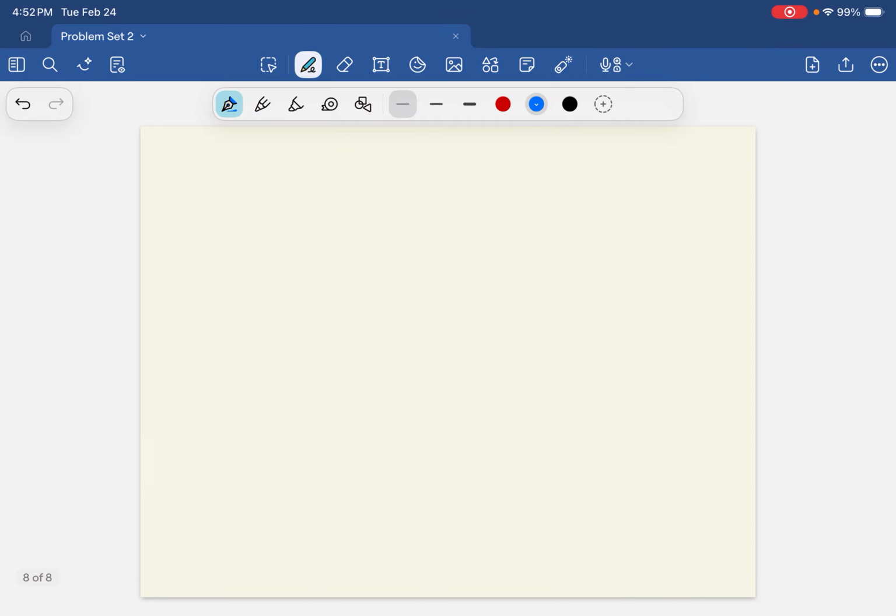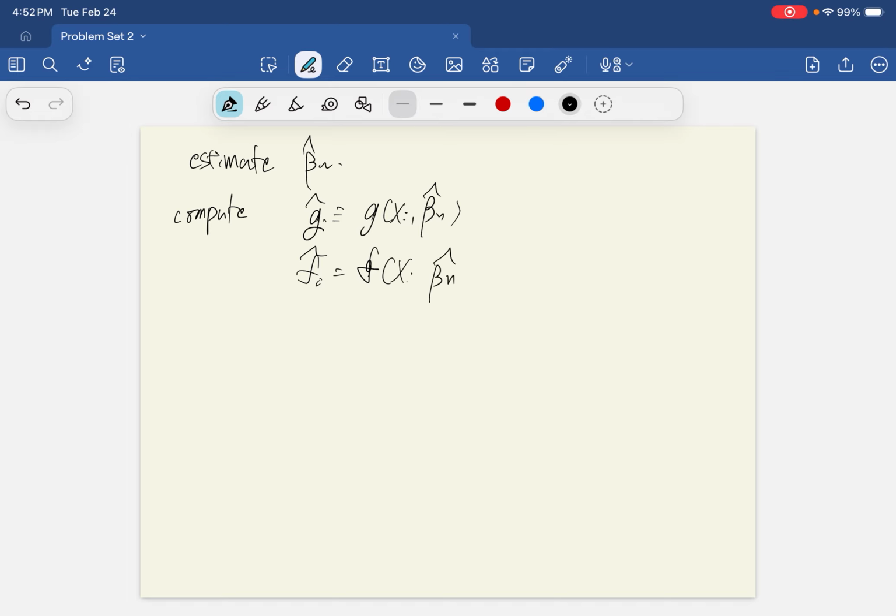So to estimate the variance, estimate beta hat first, and then compute gi hat, which is g(xi, beta hat n), and also f hat, which is f(xi, beta hat n). We can calculate f and g: f is a known function, and g is just the known function's derivative, so we can calculate them once beta is available.